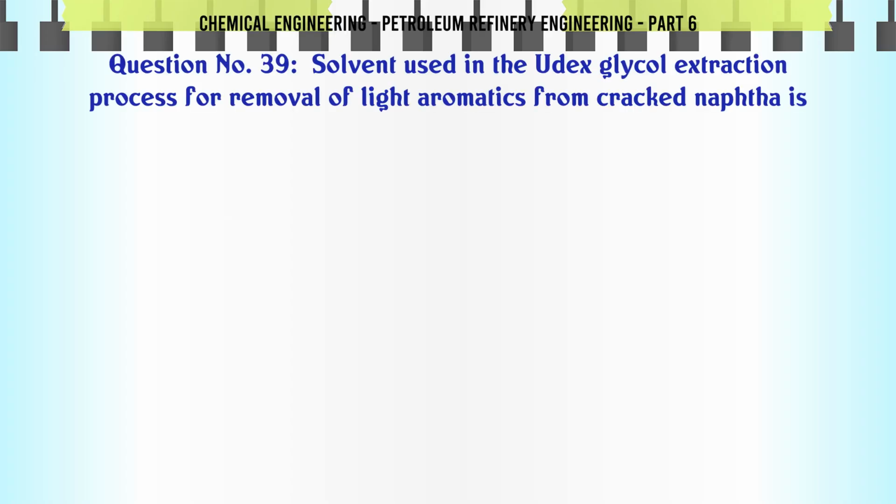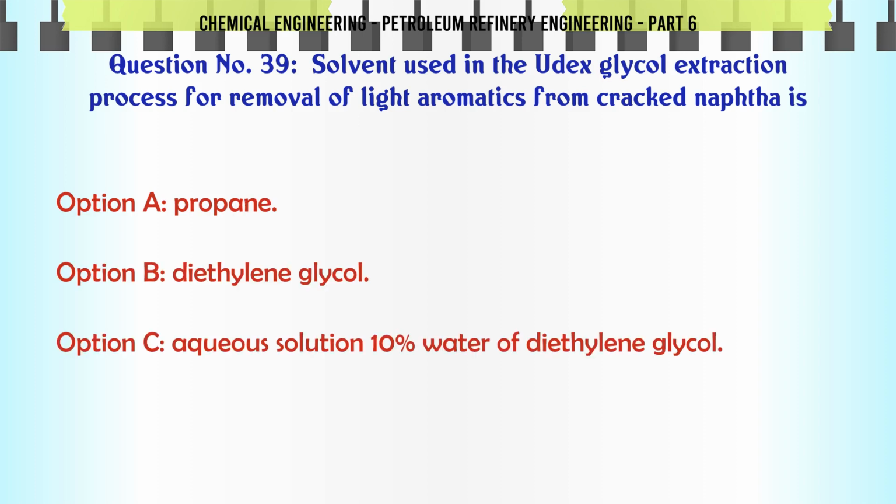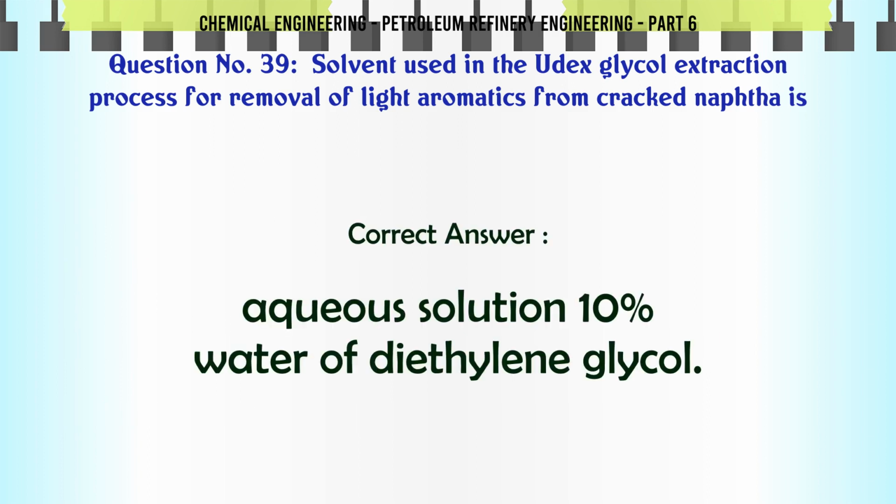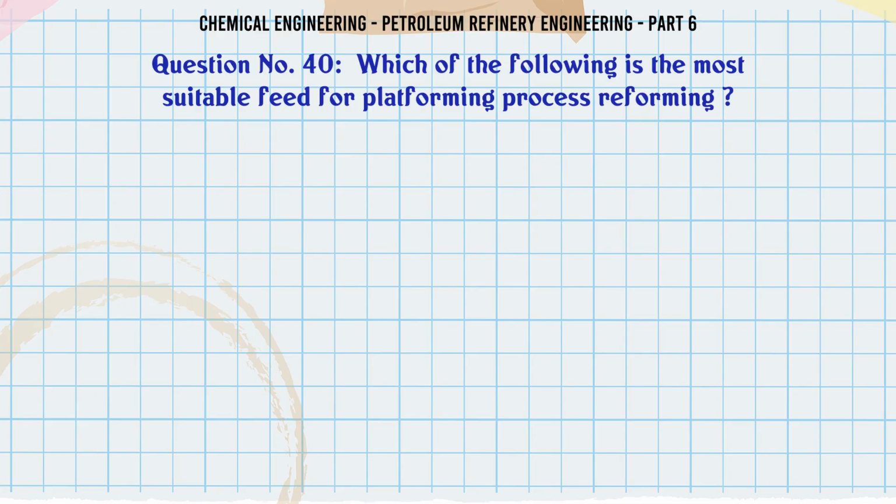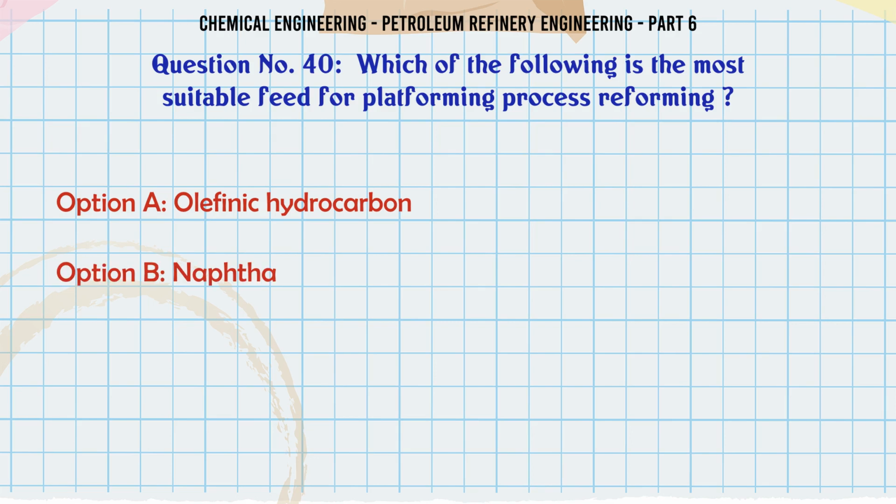Solvent used in the ODEX glycol extraction process for removal of light aromatics from cracked naphtha is A. propane, B. diethylene glycol, C. aqueous solution of 10% water in diethylene glycol, D. methyl ethyl ketone MEK. The correct answer is aqueous solution of 10% water in diethylene glycol. Which of the following is the most suitable feed for platforming process reforming?